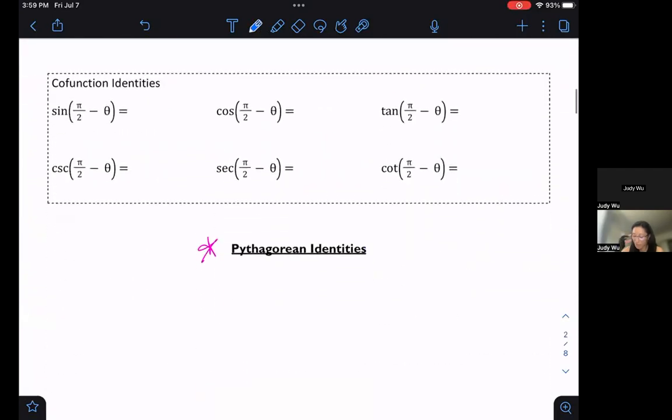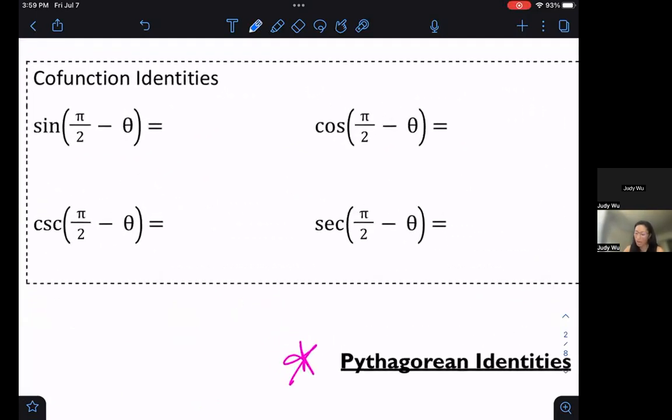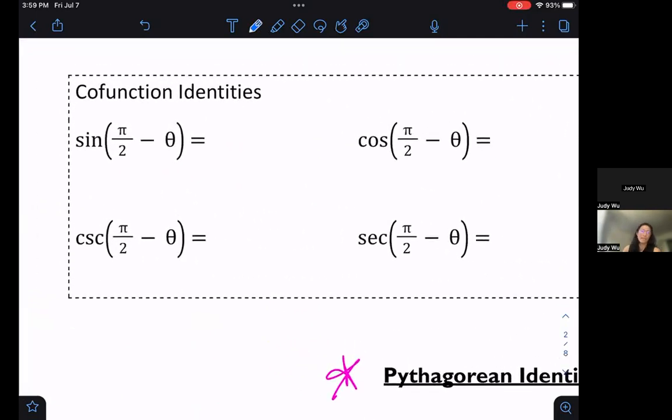All right, cofunction identities. For cofunction identities, what we have is how these functions are related to each other. A lot of the co-functionness is actually built into the names. For example, sine has a co-function and it is cosine.